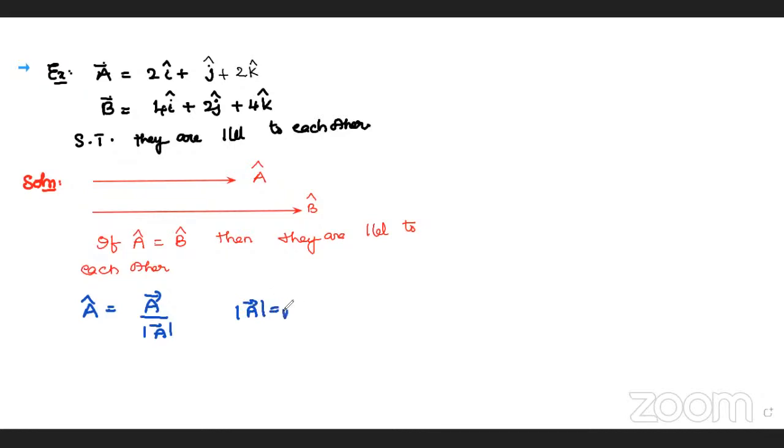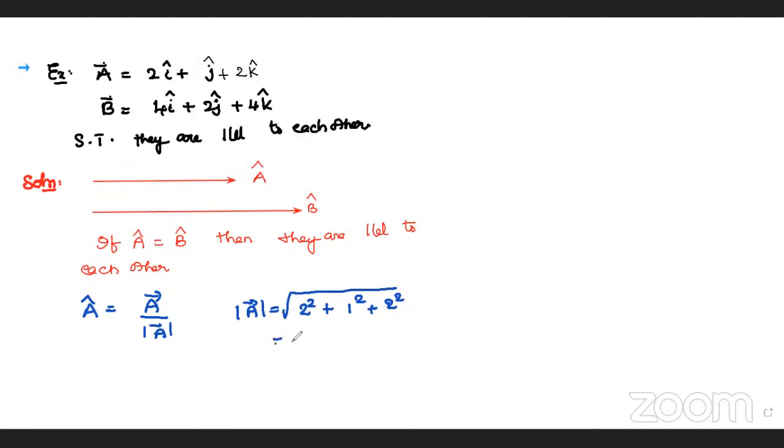Mod A bar, you know the method: root over ax square plus ay square plus az square. Ax square is 2 square. Ay square, that is the j cap component, 1 square. Plus az square, that is 2 square.